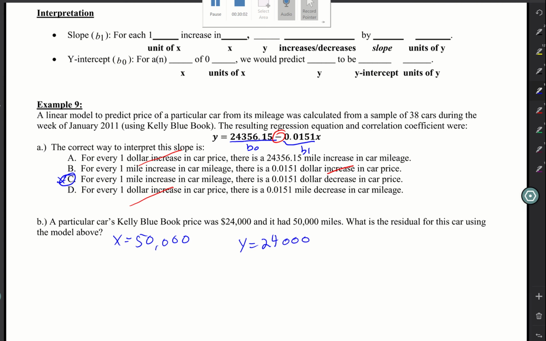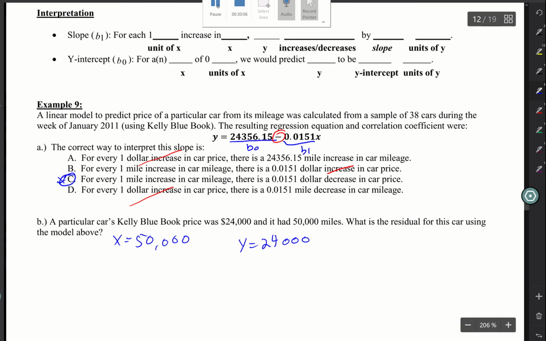So what should I do with the 50,000? Plug it into the equation for x. So I'm going to say my y hat, which is 24,356.15 minus the 0.0151 times the 50,000.